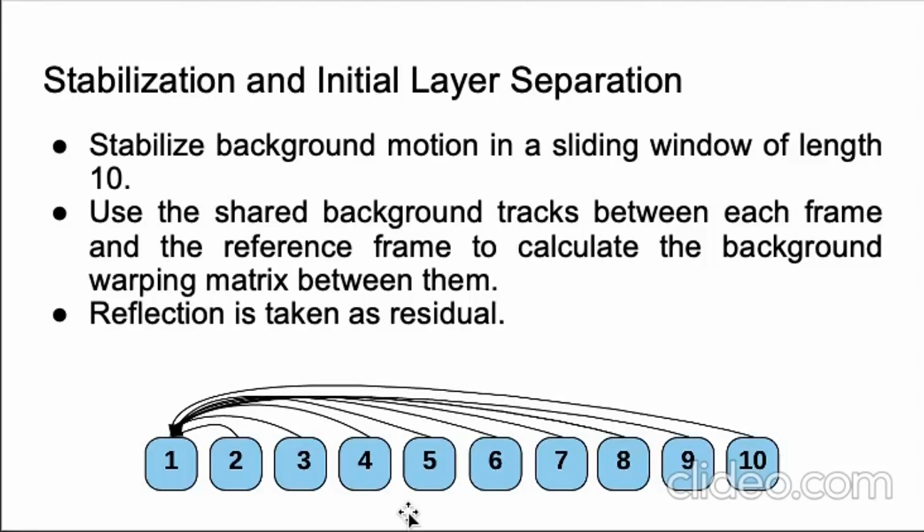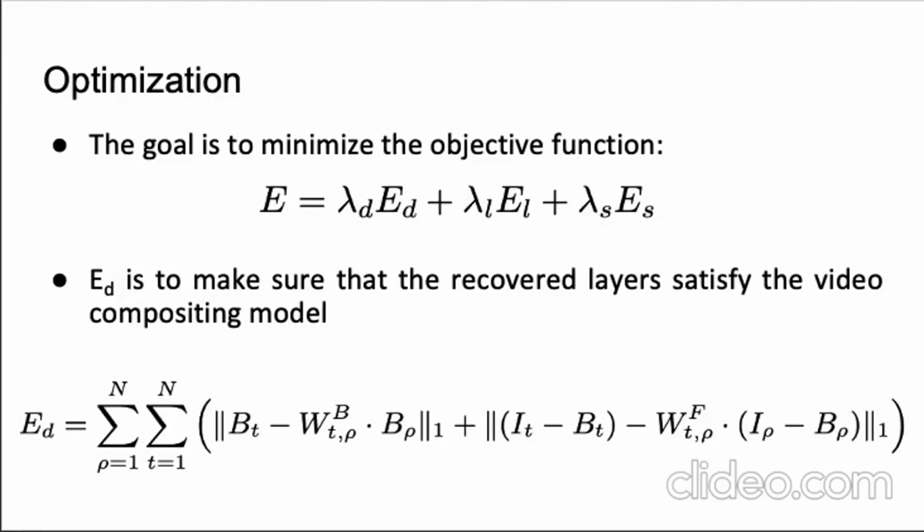Thus, we can provide an initial estimation of the background layer when we use minimum temporal filtering. After having these initial estimations for each frame by passing the window frame by frame, the next step is to do some optimization.